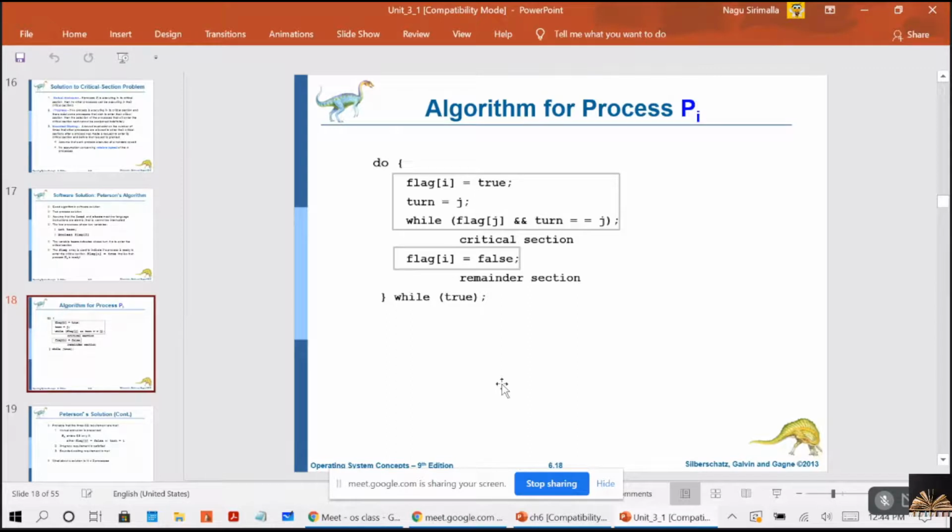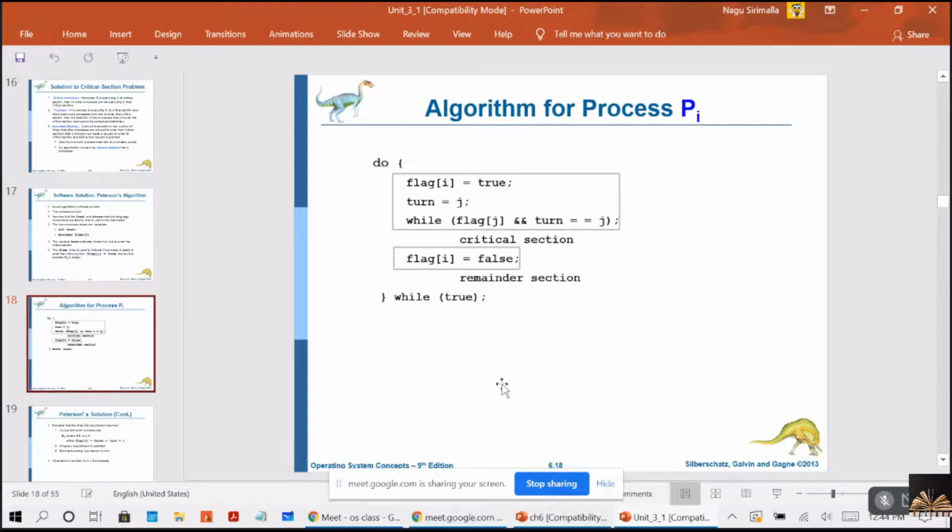That means based on how they are requesting, any one of them will get the chance to enter into the critical section. So the eventual value of the turn determines which of the two processes is allowed to enter into the critical section.